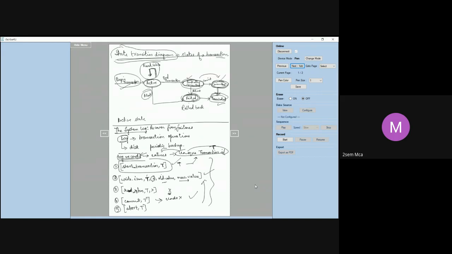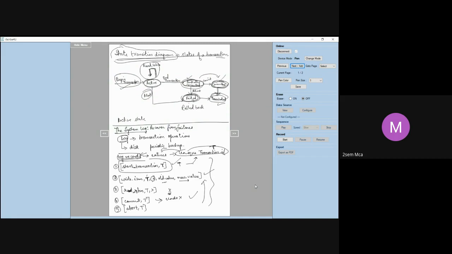Any doubts, anyone? So I was talking of the system log. I will give you a quick recap on what the system log is. As I said, the system log will help you to recover from any kind of failures. If you want to recover from failures, the system has to maintain a log. So the log will do what?